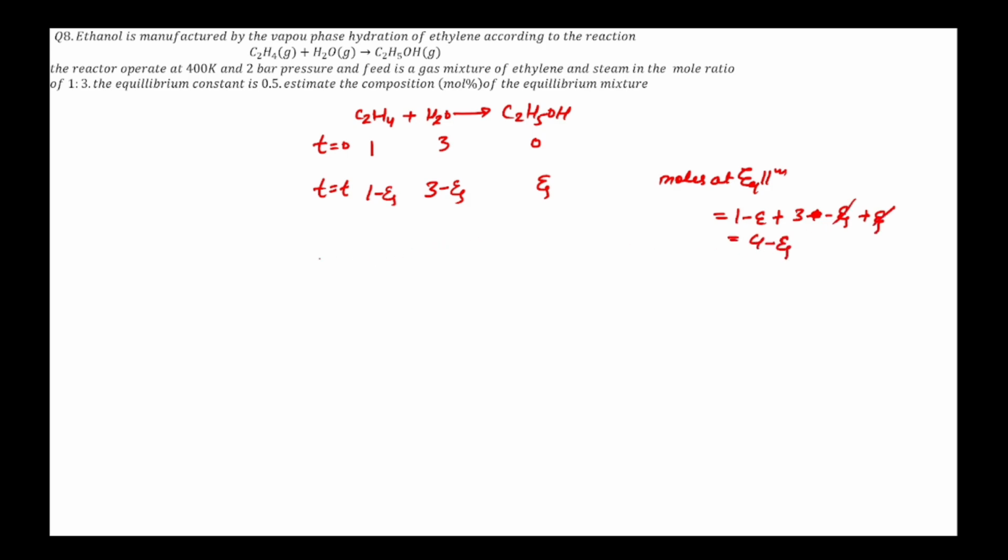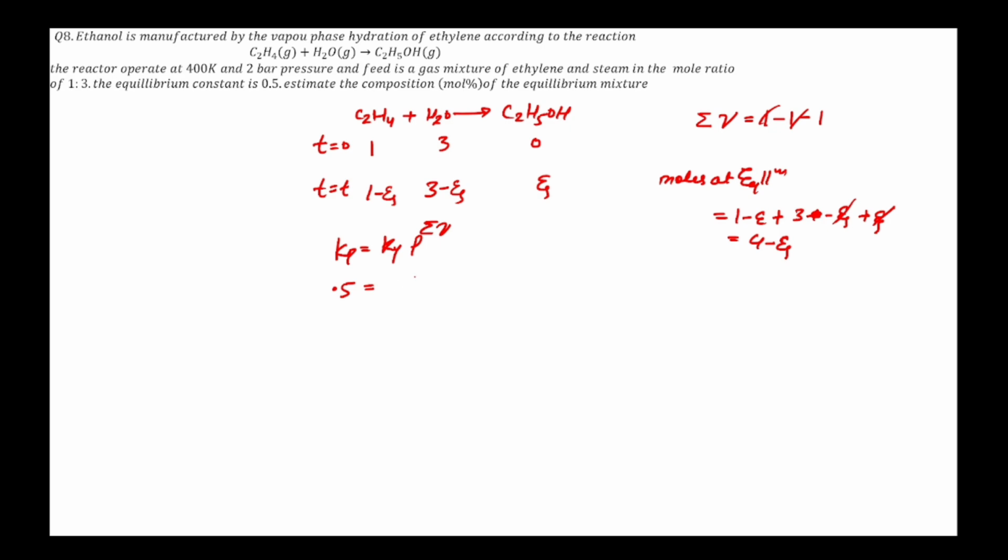Now we know that Kp is equal to Ky P to the power summation of nu, where nu is the stoichiometric number, positive for the product and negative for the reactant. The coefficient of C2H5OH is 1, so the summation will give minus 1. Kp is 0.5, directly given.